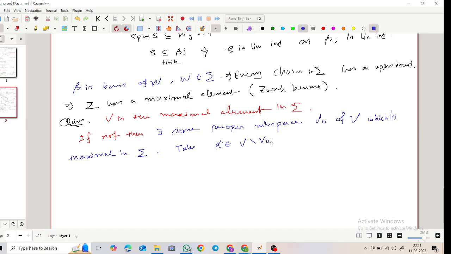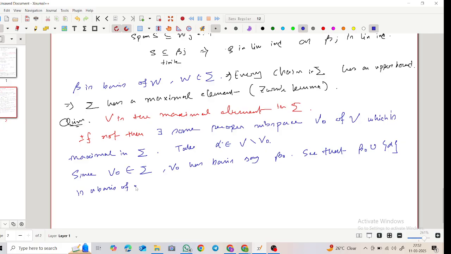Since V naught has a basis, say beta naught, see that beta naught union alpha is a basis of V naught plus, you know plus, right?